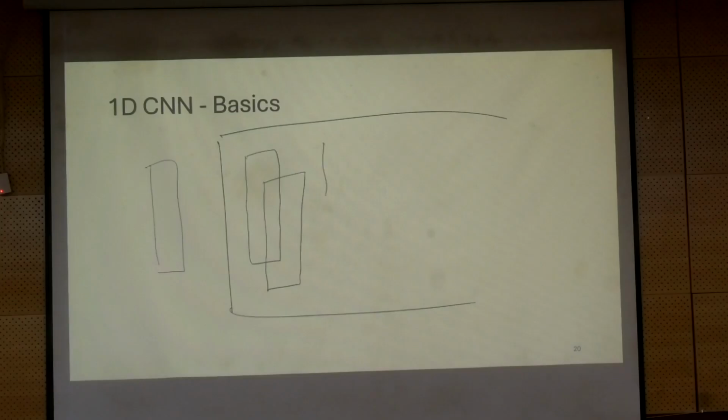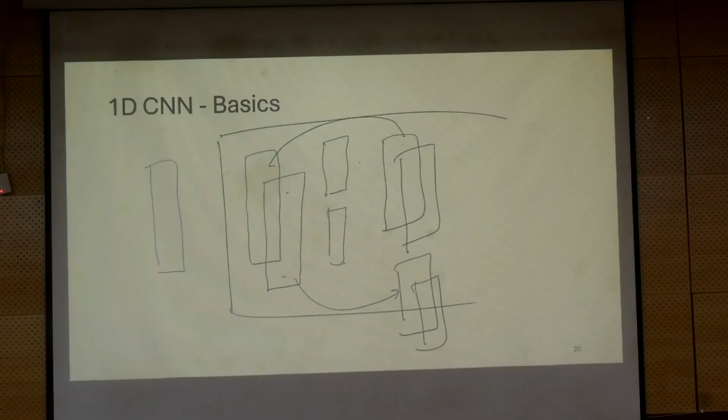Then I will add 2 pooling layers, one for each of the feature maps, to reduce them, and then I will use these 2. Again I will introduce 2 filters. So now my feature maps, this one will become 2, this one will become another 2. Then I will have 4 pooling layers, pooling layers for each of the feature maps. Is this clear? Like the dimension?